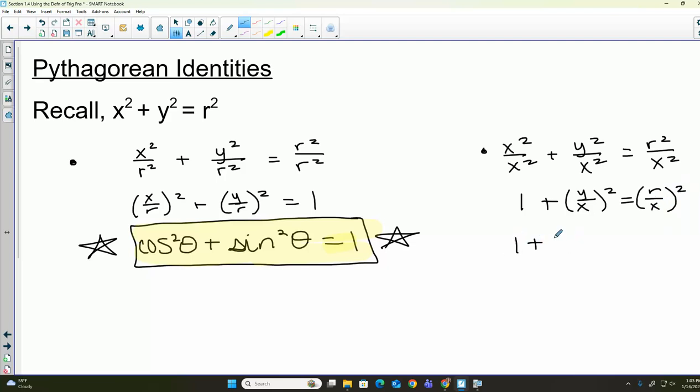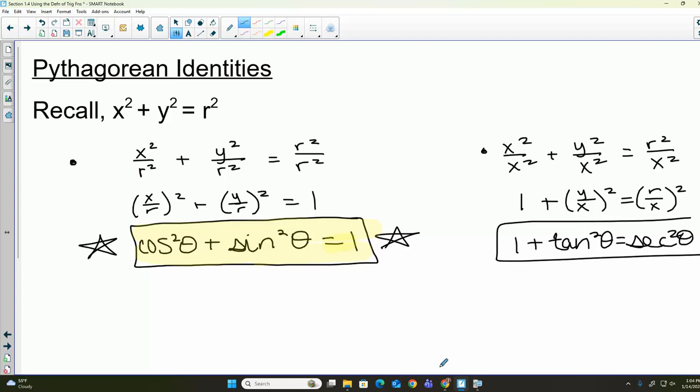What's y divided by x? So 1 plus tangent squared theta is equal to, what's r divided by x? Secant squared theta. So that's the second one. 1 plus tangent squared theta equals secant squared theta. I will not ask you to use it right now. If you're using it on your homework, that is totally fine. You're able to use it, but I won't require it.